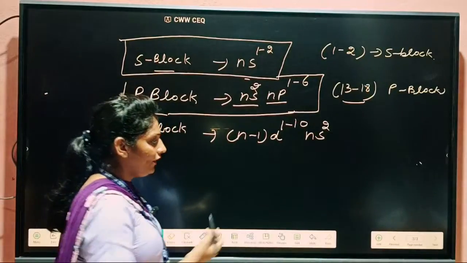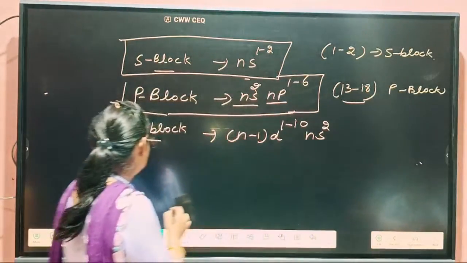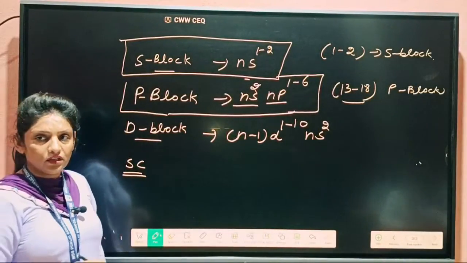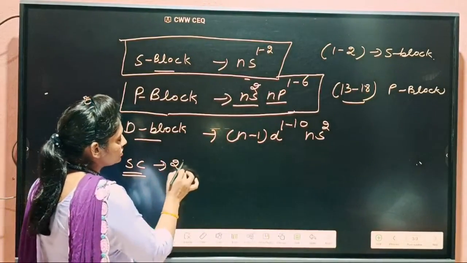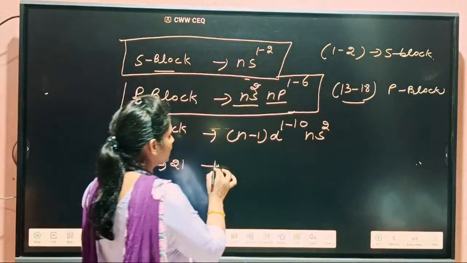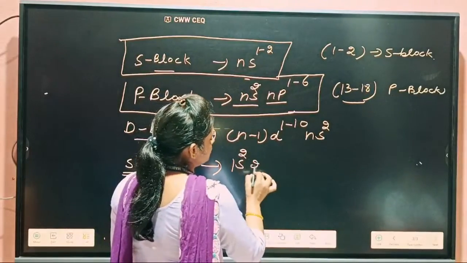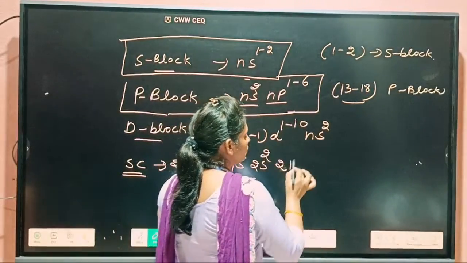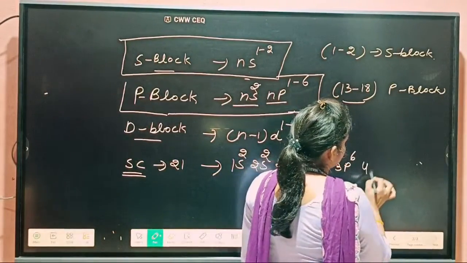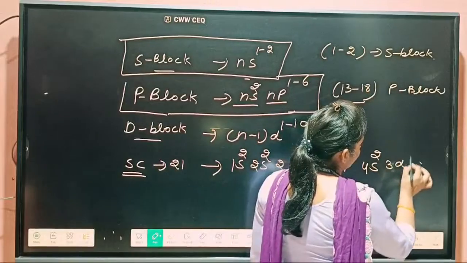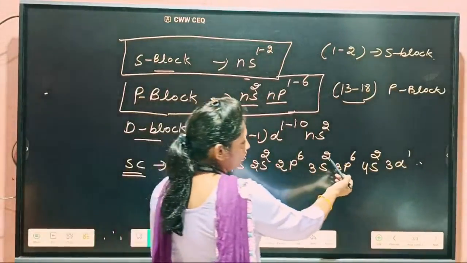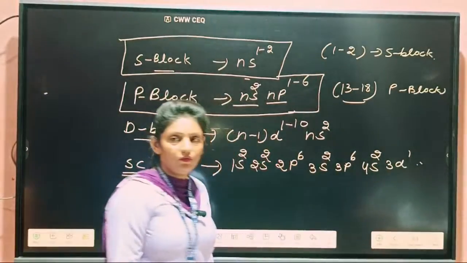Students, you can see, if I talk about the first element of d block, this is scandium, its atomic number is 21. If we write the configuration for this, then 1s2, 2s2, 2p6, 3s2, 3p6, 4s2, 3d1. You can count 2, 4, 10, 12, 18, 20 and 21.